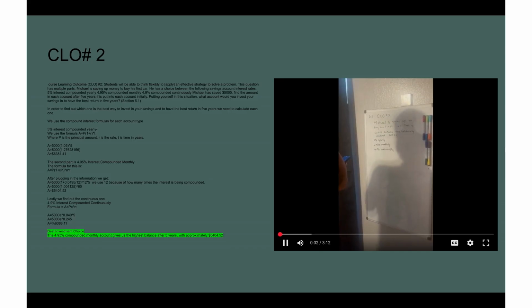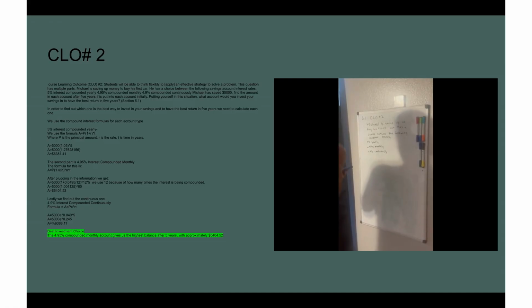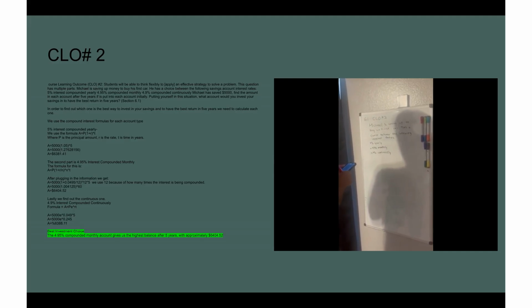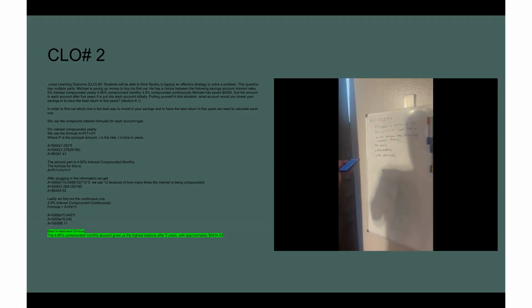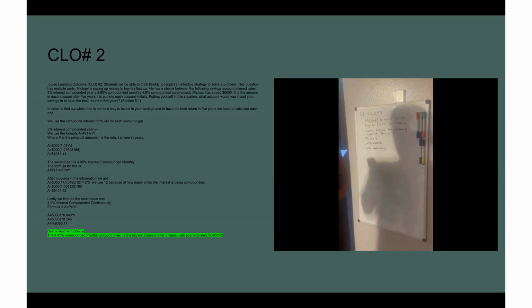All right, section 6.1, CLO number 2. Michael is saving up to buy his first car. He has a choice between the following interest rates: either 5% yearly, 4.95% monthly, or 4.9% continuously. So we need to find the outcomes of all these interest rates, and then see which one's best.